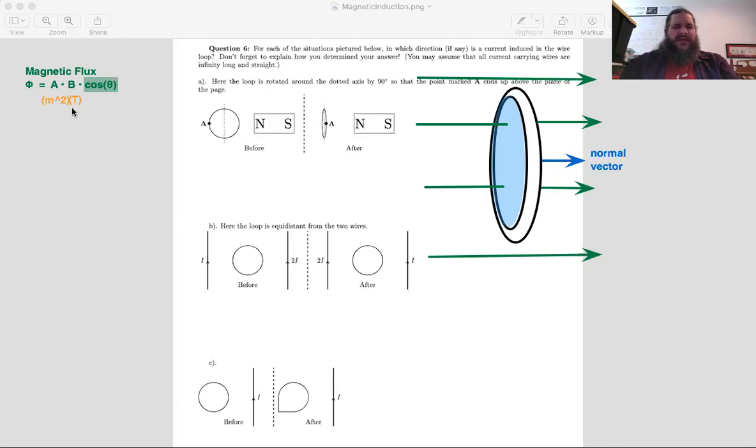If you simplify that though, if you substitute in the actual meaning of Teslas and simplify, you end up with equivalent units to volts times seconds. And this ties into the reason why this influences electrical circuits. That magnetic flux isn't volts, but it's volts times seconds. How could you turn that into volts?